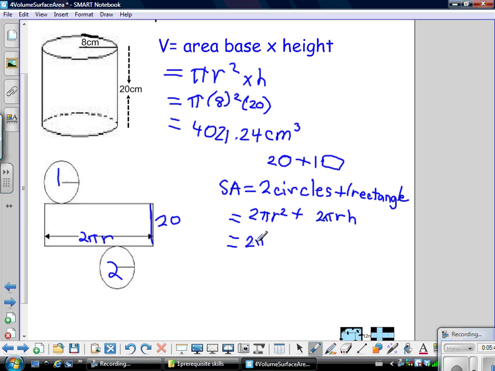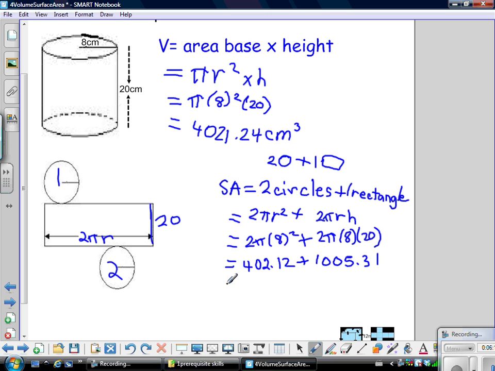Now it's just a matter of substituting our values in. So 2 times pi times our radius 8 squared, plus 2 times pi times 8 again, multiplied by the height, which is the width of our rectangle. Pulling out our calculator, the two circles come to 402.12 and the rectangle is 1005.31.